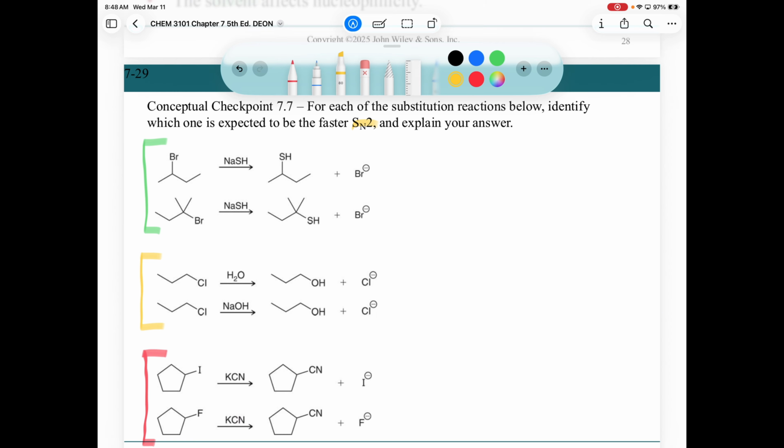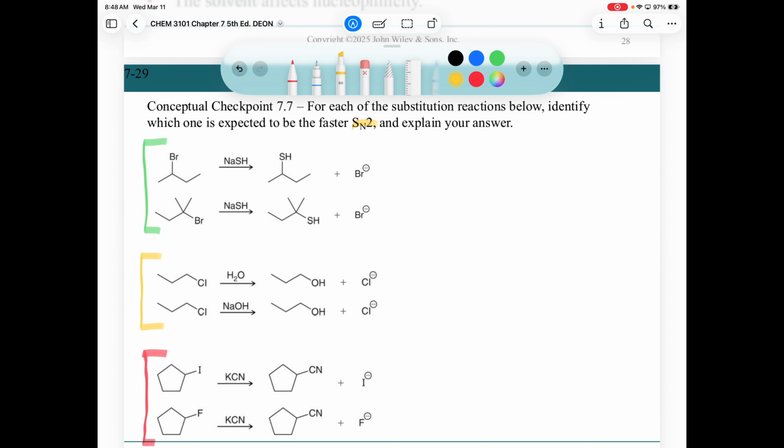We got two alkyl bromides. You have SH minus. Is that a good nucleophile? Sure, it's the same nucleophile for both. Same leaving group in both. What's the difference between the two? The substrate on the top is what kind of alkyl halide? It's a secondary alkyl halide, right?